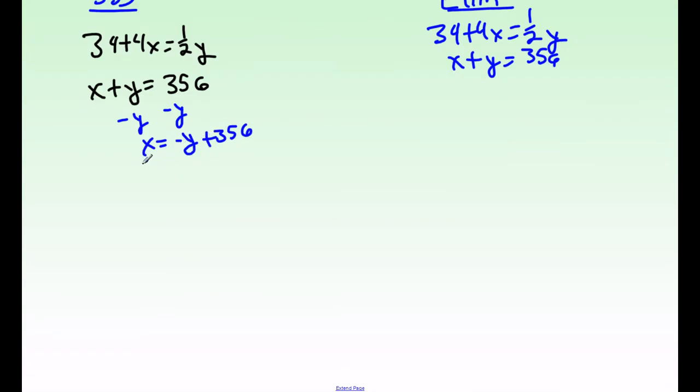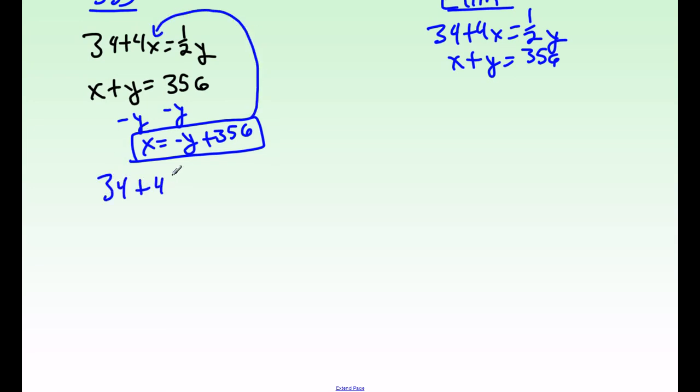And since I now have x equals this stuff, I can plug that in to the other equation for x. So 34 plus 4 times negative y plus 356 equals 1/2 y. That is fairly ugly. And that is fairly ugly as well. Okay, so let's see here. Distribute.